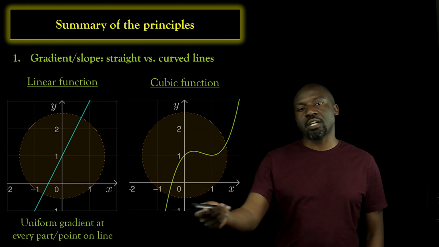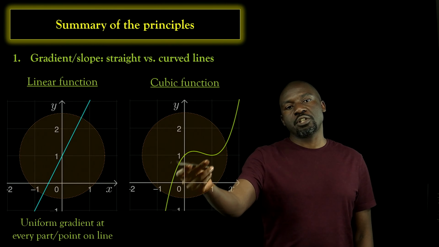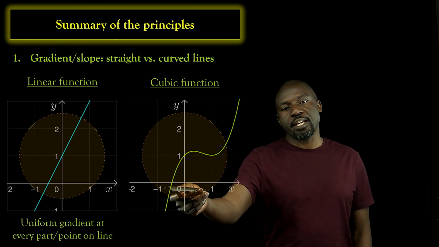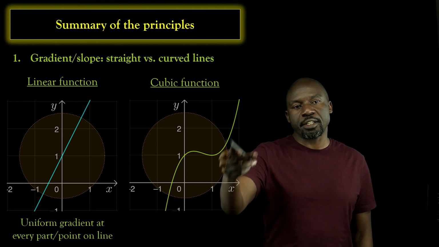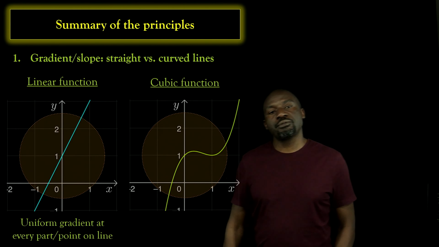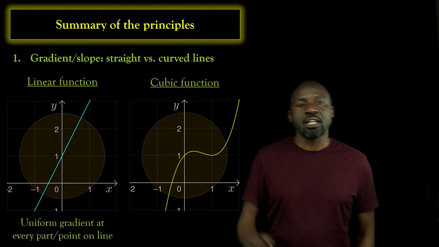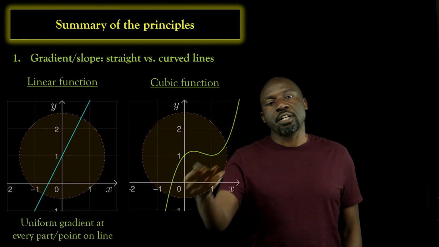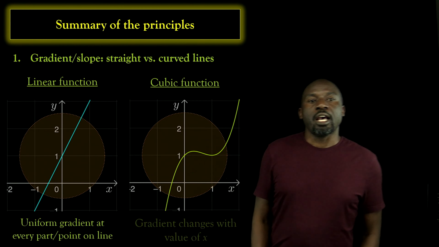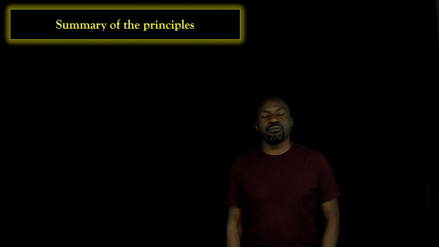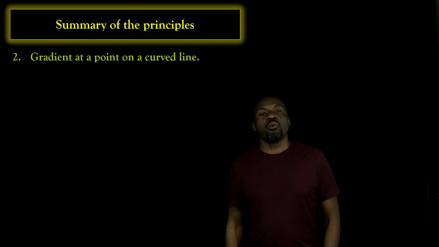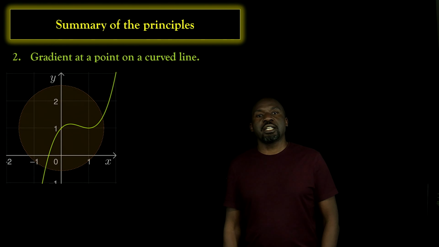It becomes difficult to find the gradient along this path because the gradient is different at every point. So we cannot find the gradient of a curved line from say this point to that point. And therefore, what happens if we wanted to find the gradient of such a line? We can only find the gradient at a fixed point.